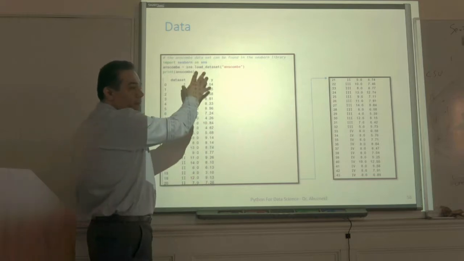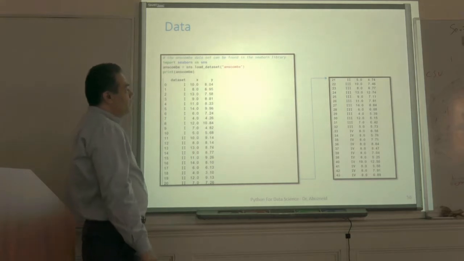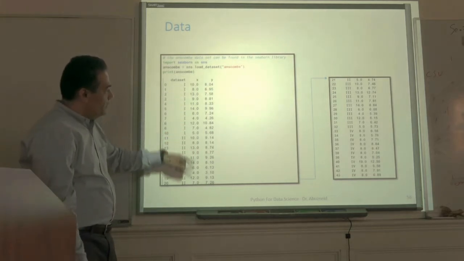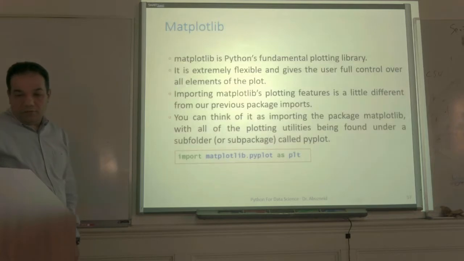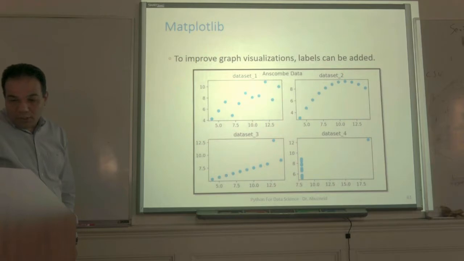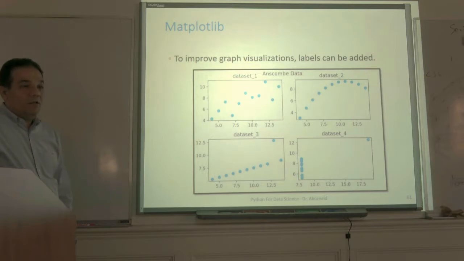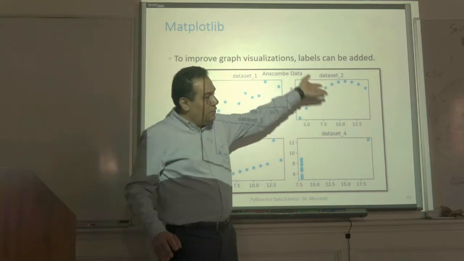If you calculate the mean, all of these will be the same. But if you look at the data, they are completely different. Let me zoom out. Okay, and this is when you plot this data, look how they look. Although they have the same mean, the same mode, the same median, the same everything, the data is completely different.